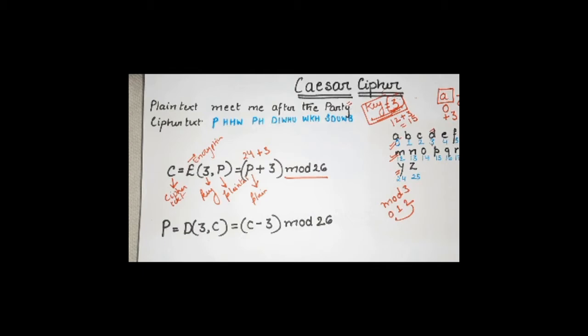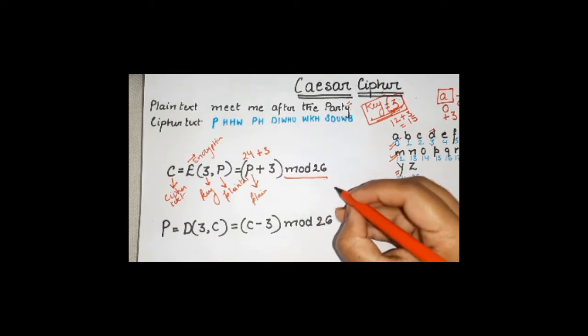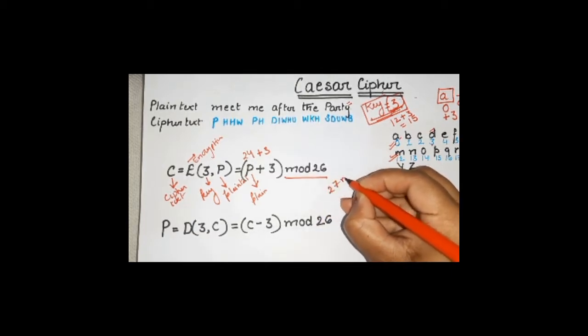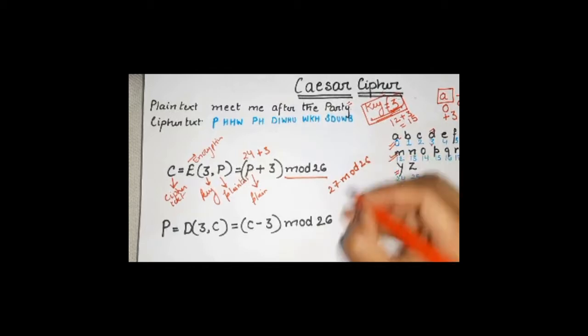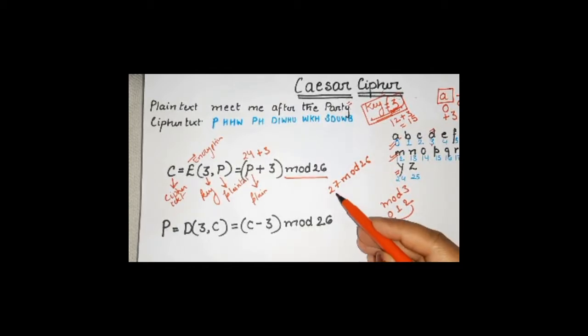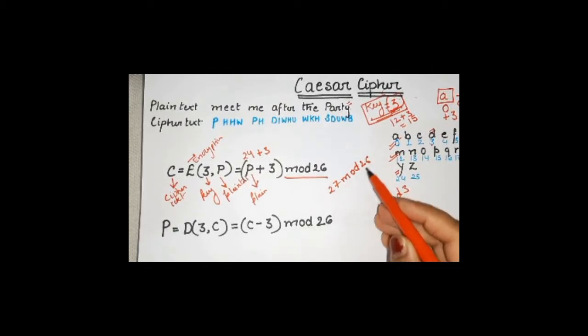I hope you can understand. If you divide 27 by 26, the remainder that you're going to get is 1. Yes? The remainder. Remember, when I say 27 mod 26, it is when you divide 27 by 26, what remainder you're going to get?